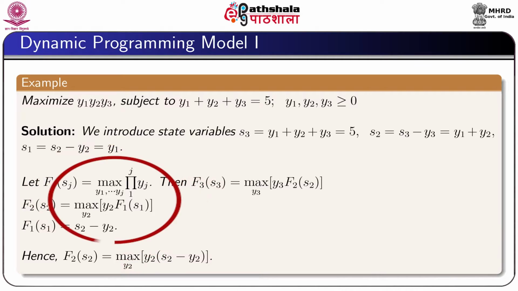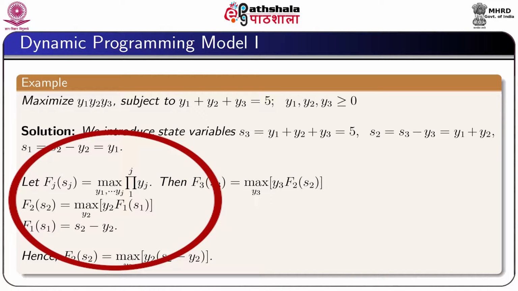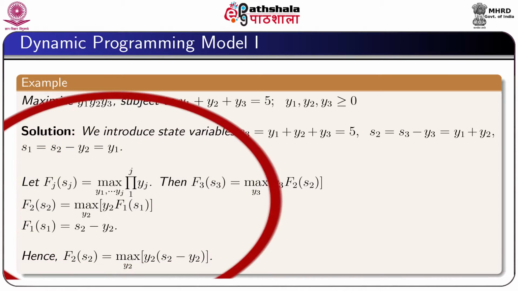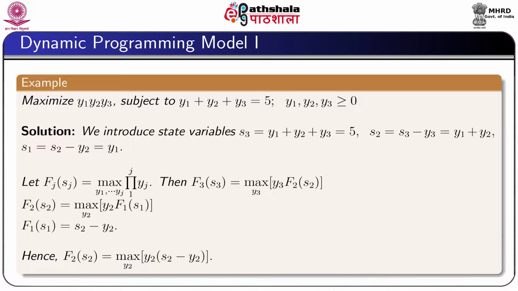Let capital Fj(sj) equal to the maximum of the product y1, y2 up to yj. Then F3(s3) equal to maximum of y3 times capital F2(s2), where maximum is taken over y3. Similarly, capital F2(s2) equal to maximum of y2 times capital F1(s1), and capital F1(s1) is equal to s2 minus y2.